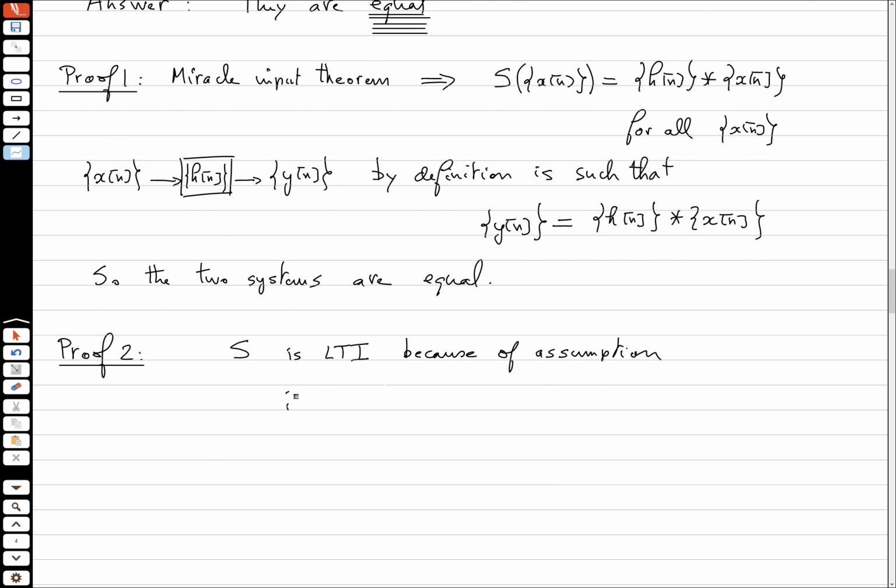And its impulse response is h of n. Why? Because it was the assumption. All right, so you agree with this?